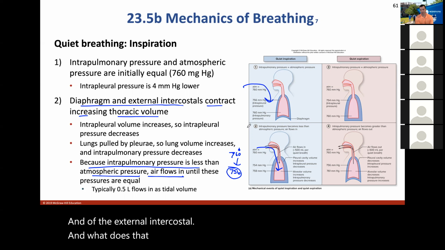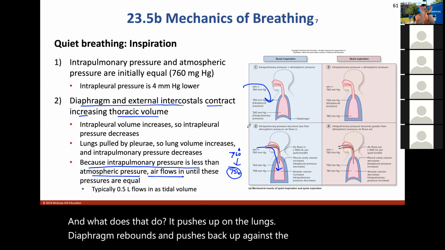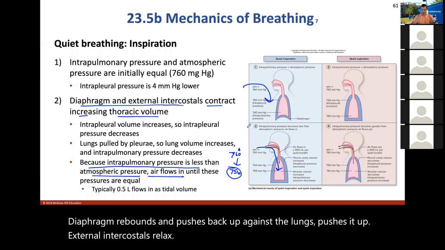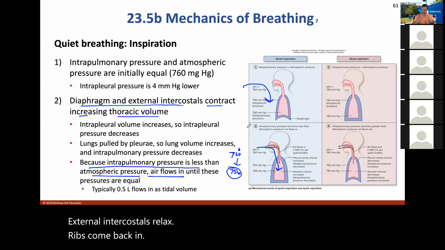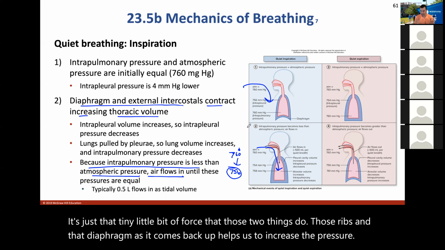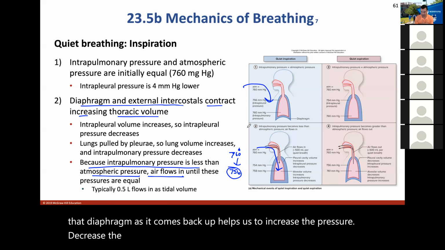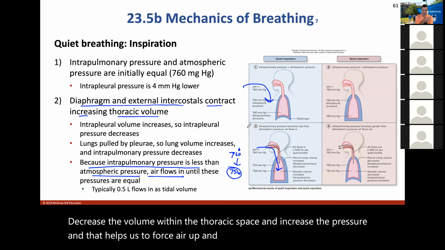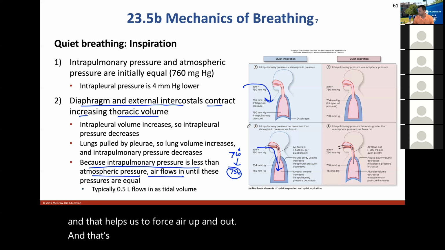Diaphragm rebounds and pushes back up against the lungs. External intercostals relax. Ribs come back in. And just that tiny little bit of force that those ribs and that diaphragm provide as it comes back up helps us to decrease the volume within the thoracic space and increase the pressure. And that helps us to force air up and out. And that's it.